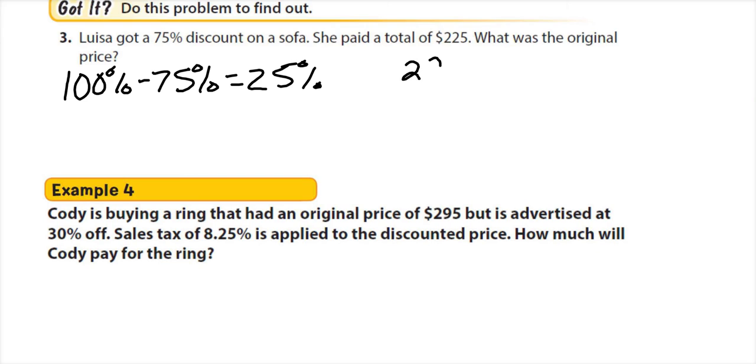So if she ended up paying $225, we're going to divide that by the percent to find out how much the store says they were supposed to sell it for. All right, so when you divide those out, you take $225 divided by 25%, and that comes out to $900. So that's a really good deal. If she got a $900 sofa for only $225, then she did really well, right?